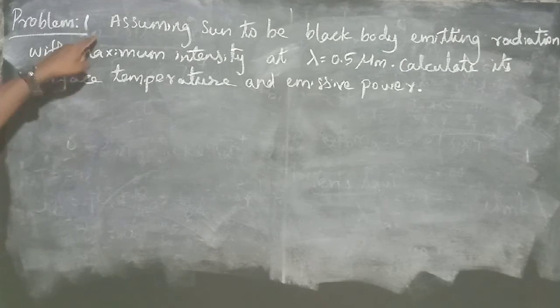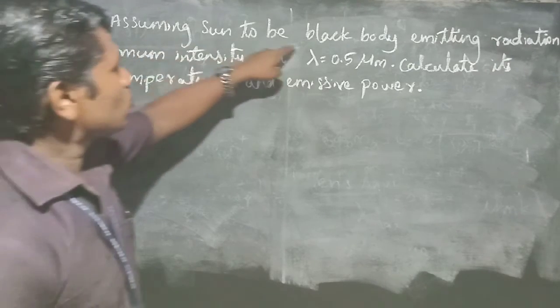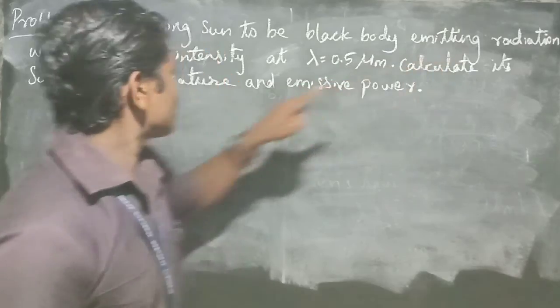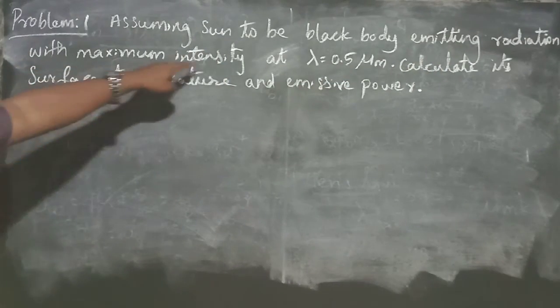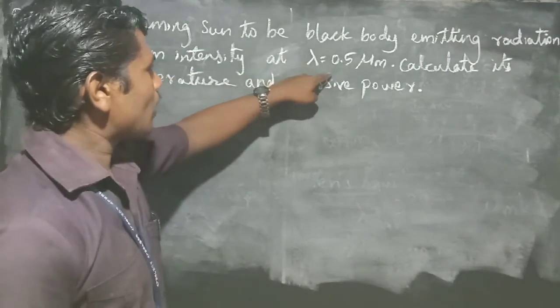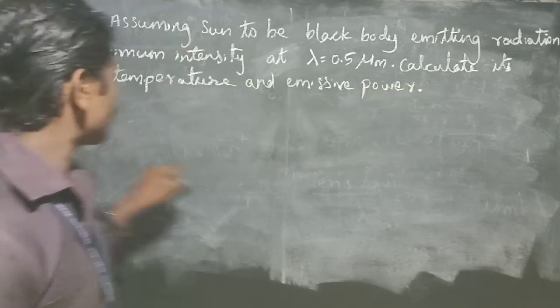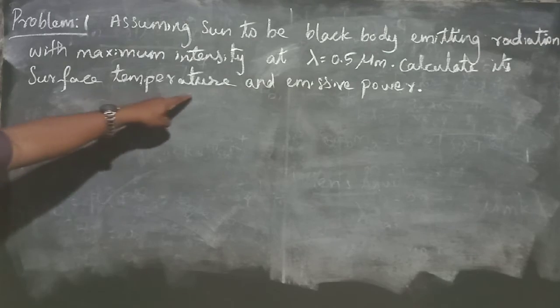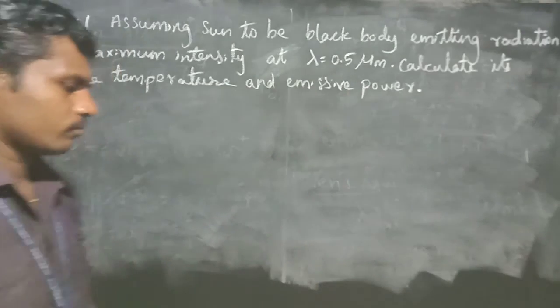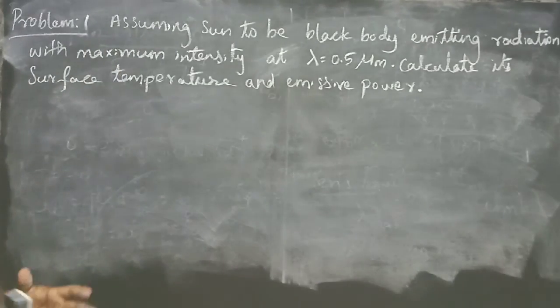Treat the problem: assuming the sun to be a black body emitting radiation with maximum intensity at lambda equal to 0.5 micrometer, calculate its surface temperature and emissive power. First we need to understand the problem.